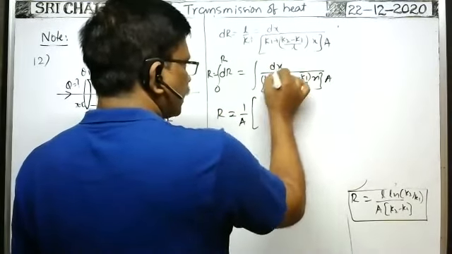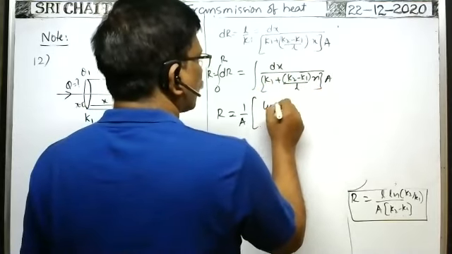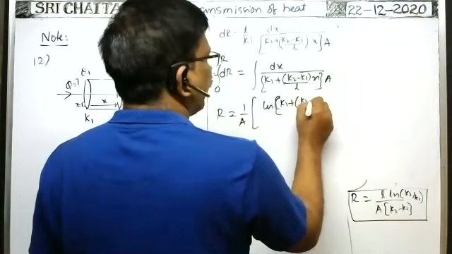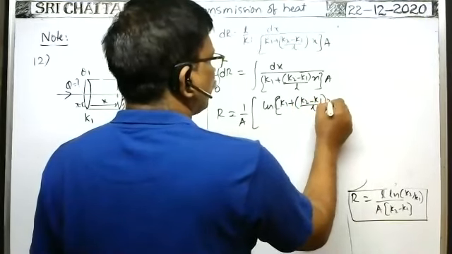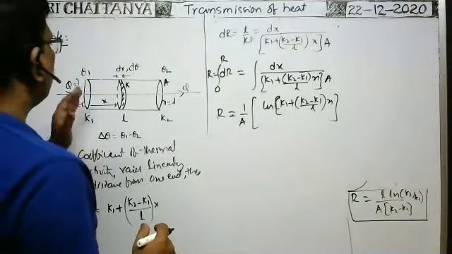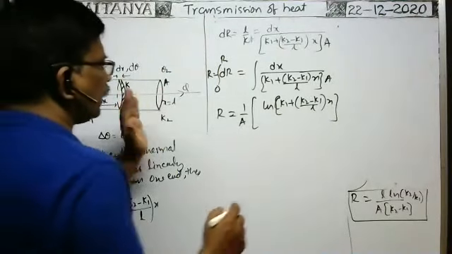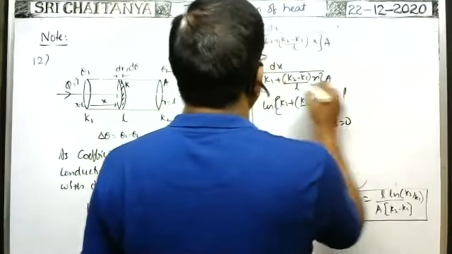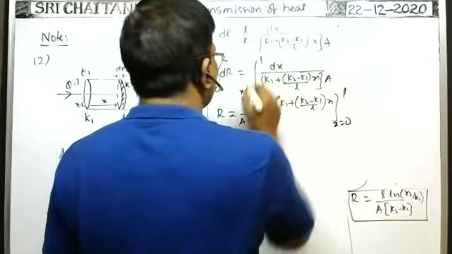Integral of dx by this one means ln K1 plus K2 minus K1 by L into x. As this type of elements can be imagined from x is equal to 0 to x is equal to L, you will integrate between the limits x is equal to 0 to L.